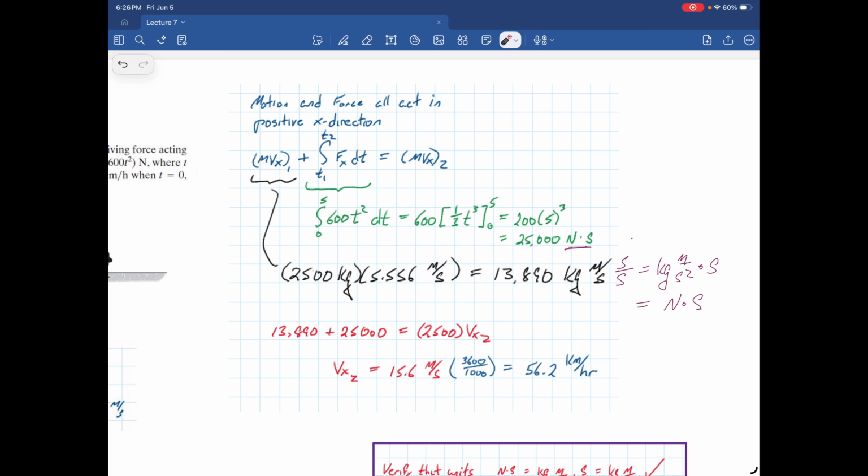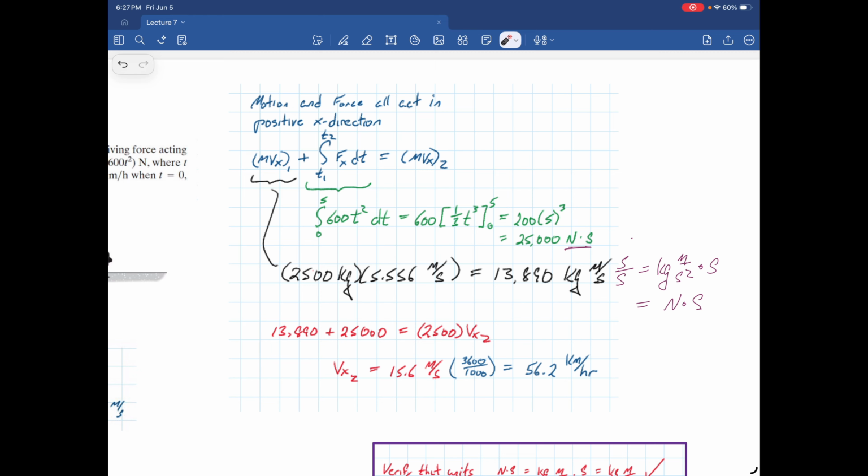All right then, so we have 13,890 plus 25,000 is going to equal the linear momentum at time 2. So the mass is 2,500 times Vx2. Solving for our values, we end up with Vx2 being 15.6 meters per second.